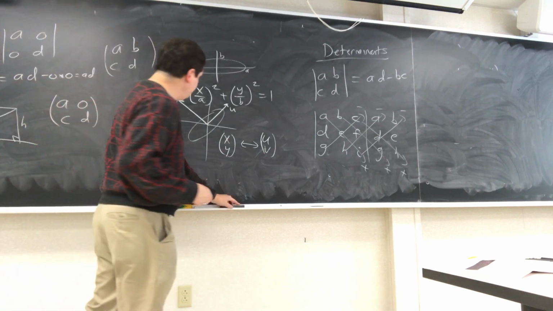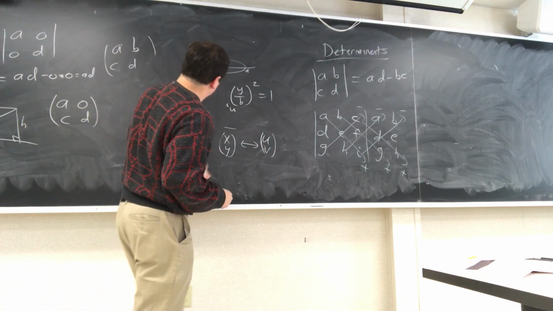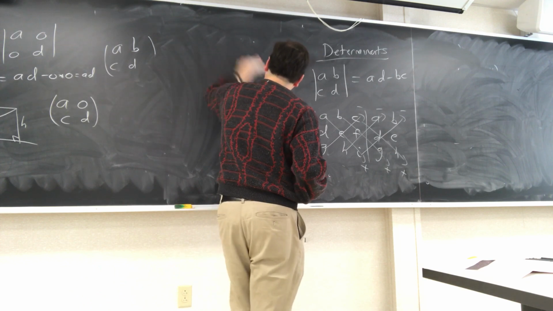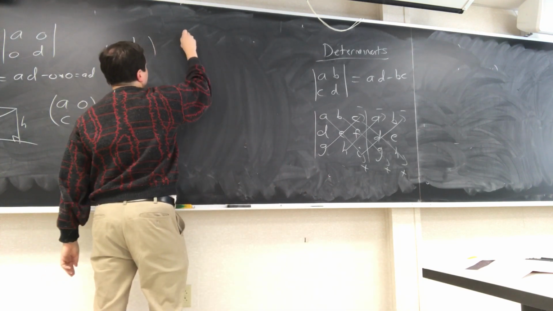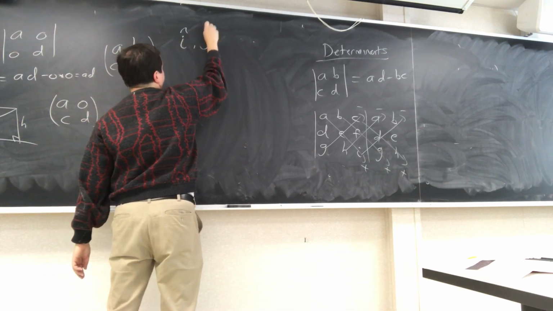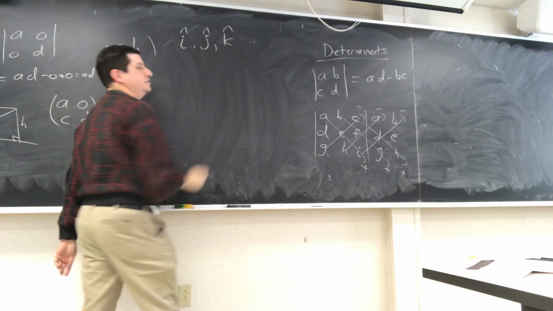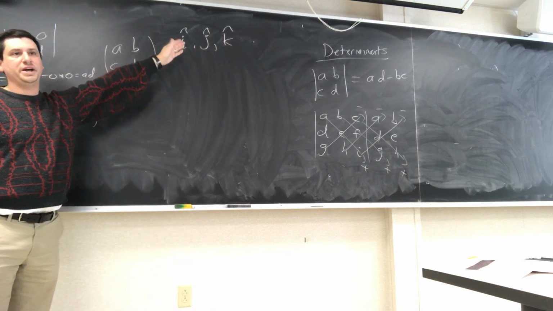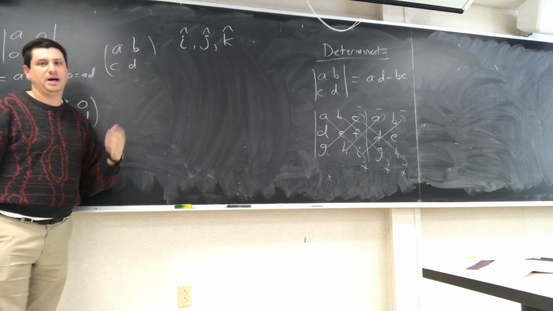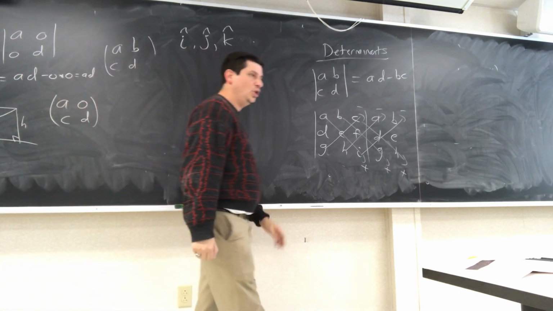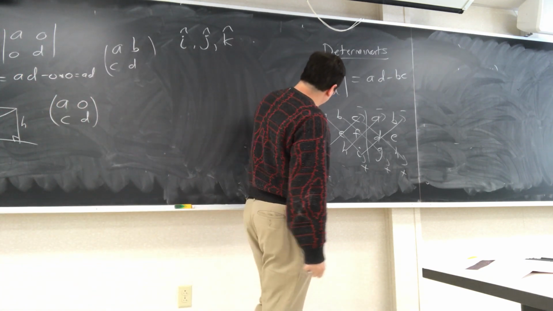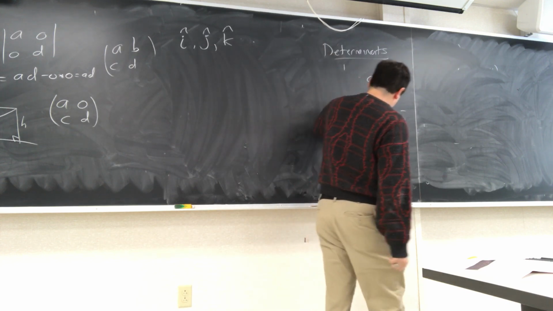So one of the big things is the cross product. We often use i hat, j hat, and k hat for a unit vector in the x, y, and z direction. I have mixed feelings about this notation. One of the problems with this notation is that, well, what if you start working in n-dimensional space?